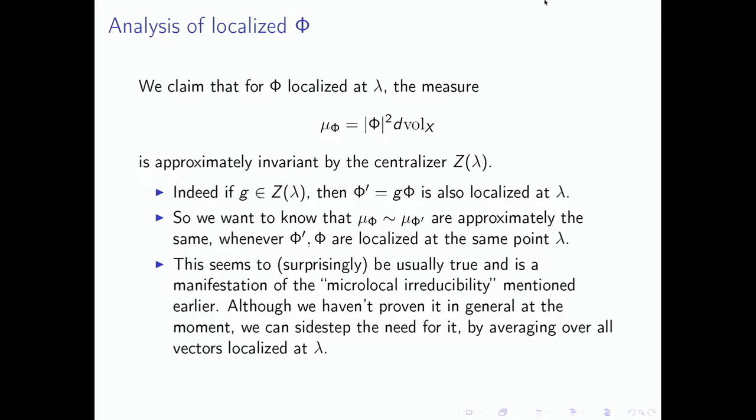what we're going to do is we average over all vectors which are localized at a given point. So I'm going to take this measure, and not just for a single phi, but I just add it up over all the vectors localized at lambda.